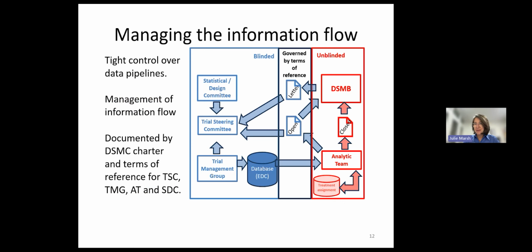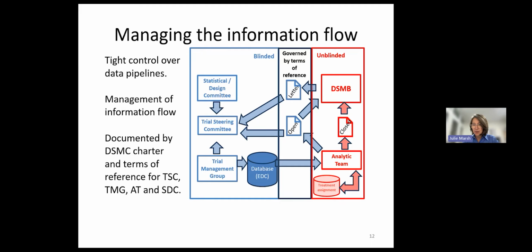So I can't emphasize enough the importance of managing the information flow, and the need for that firewall to maintain the trial integrity. So the adaptive trials involve the frequent interim analysis, which increases both the volume and the complexity of data reviewed by the DSMB.